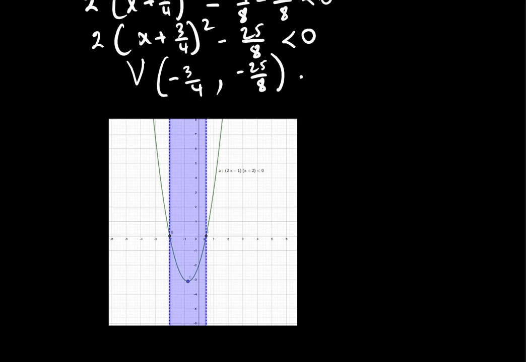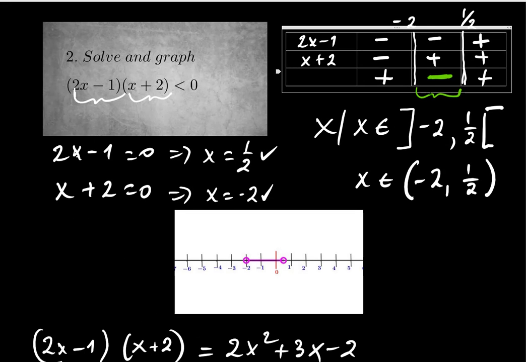We have the origin here, and this is the vertex, and you see the value of this curve between these 2 points is below 0. That verifies the inequation here. That's our solution, it is still the same. So we can either graph or use the table which is shorter, the way I showed you here.